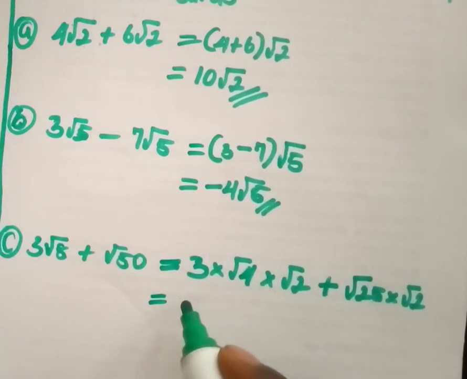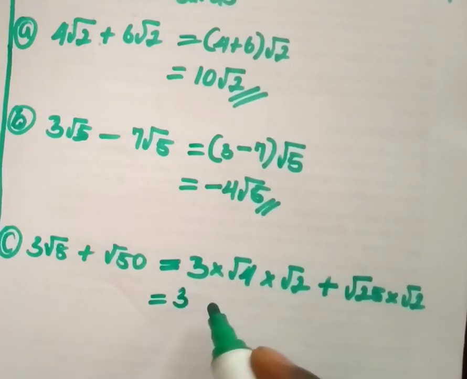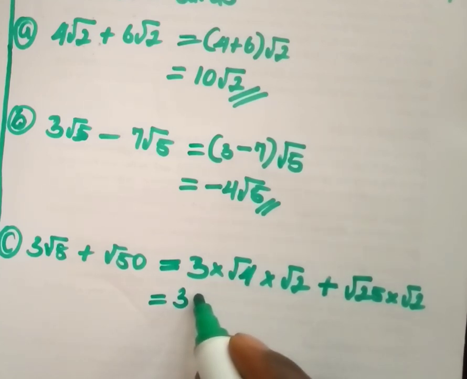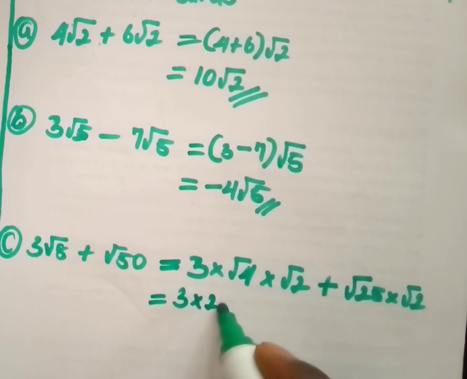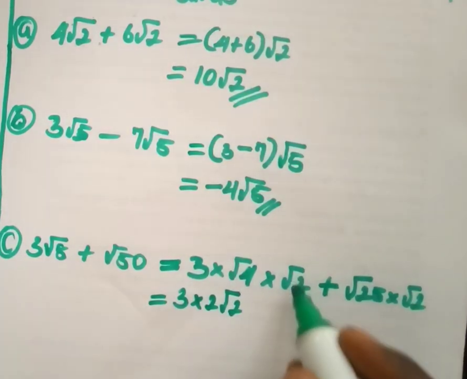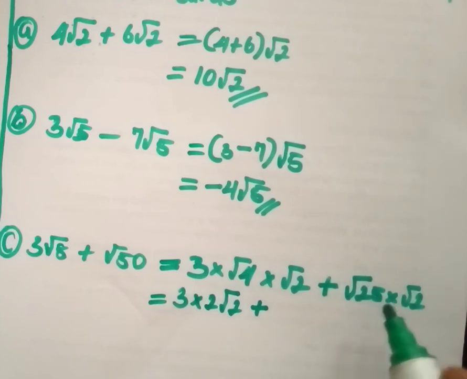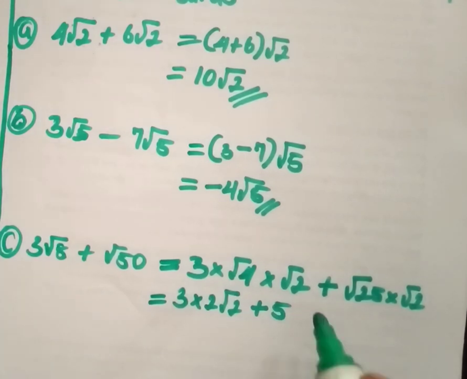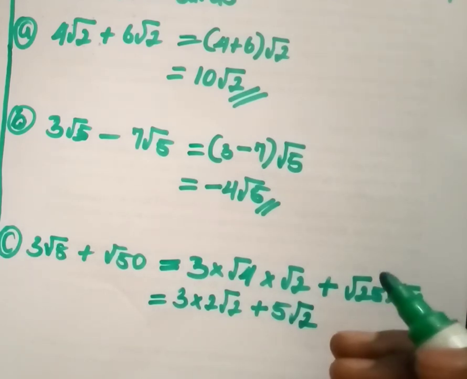And this is equal to 3 times root 4 will give you 2. 3 times 2 root 2, plus root 25 is 5, and then you bring in this root 2. You can see that now we have like surds.